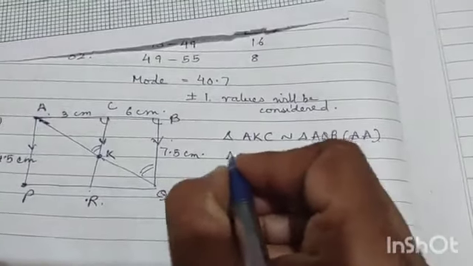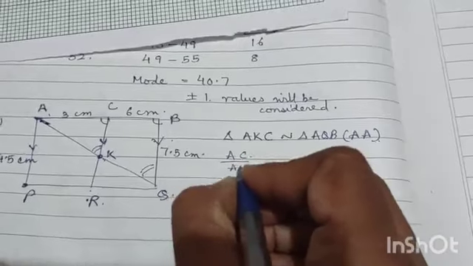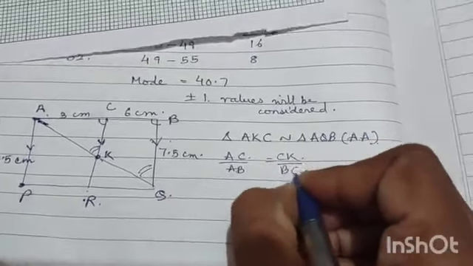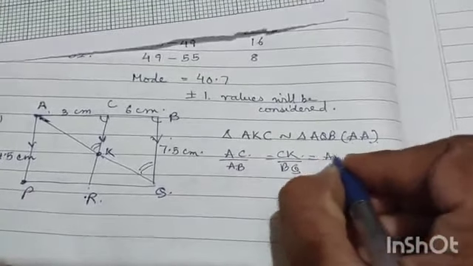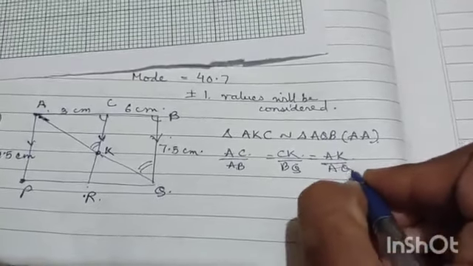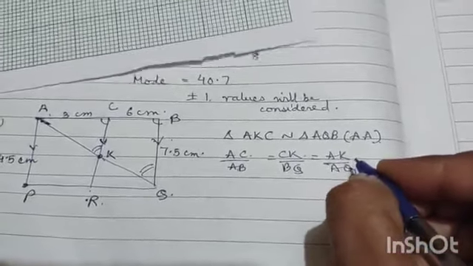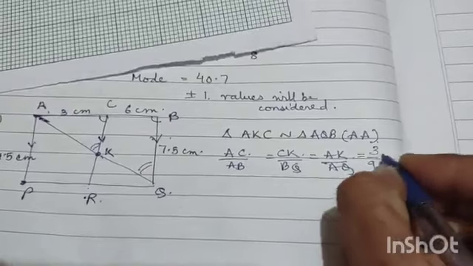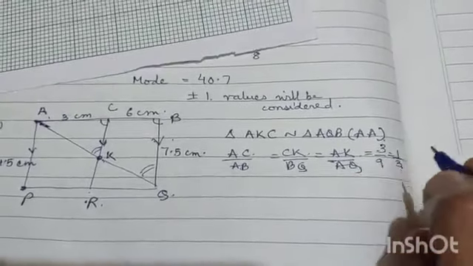So the ratio follows: AC by AB is equal to CK by BQ is equal to AK by AQ. That is 3 by 9, 1 by 3.